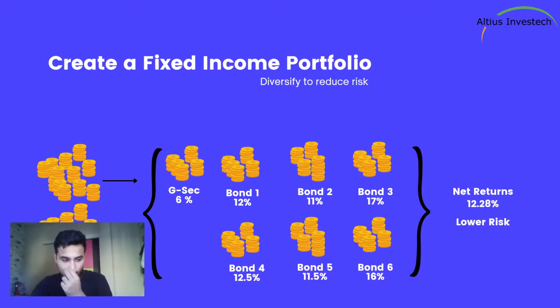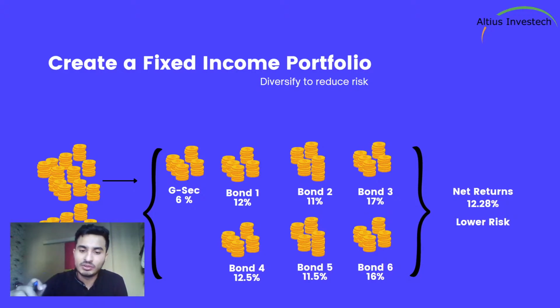So coming to this slide, what we advise is for you to create a balanced portfolio in the fixed income products. This is to diversify your investments, which will help you reduce your risk and will also cause a very insignificant impact on your returns.